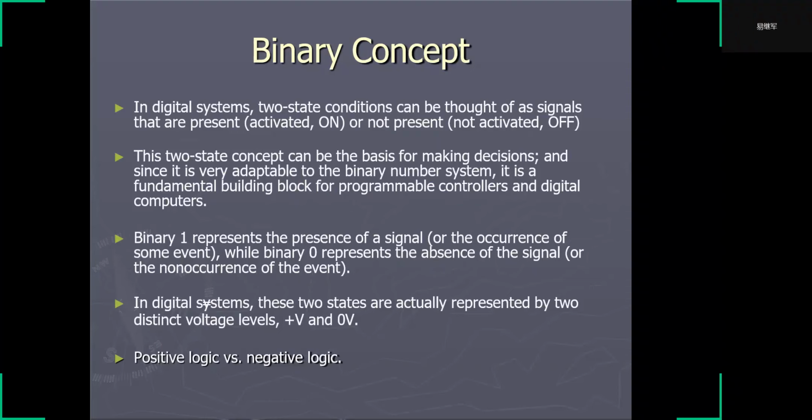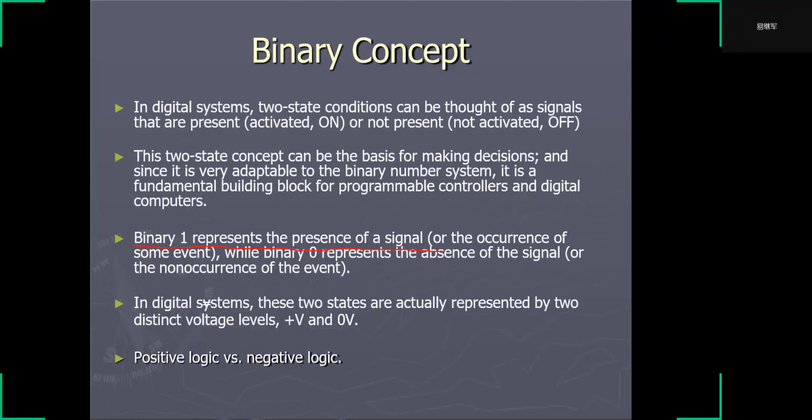Binary 1 represents the presence of a signal, or the occurrence of some event, where binary 0 represents the absence of the signal, or non-occurrence of the event.